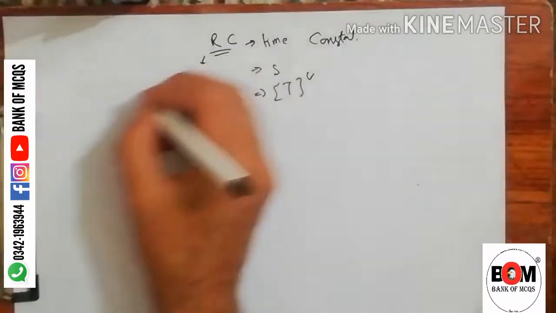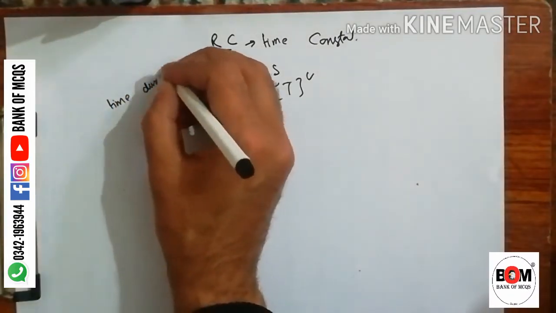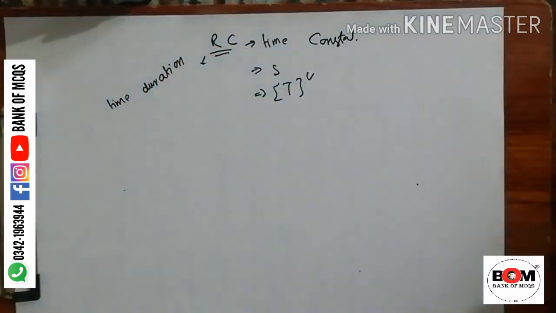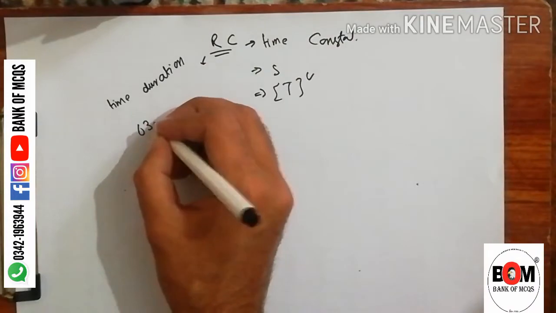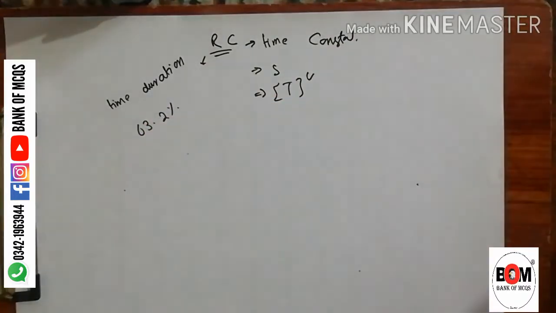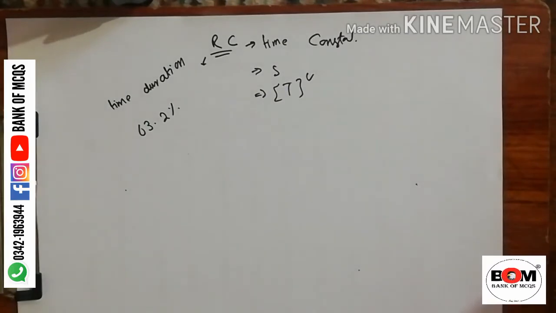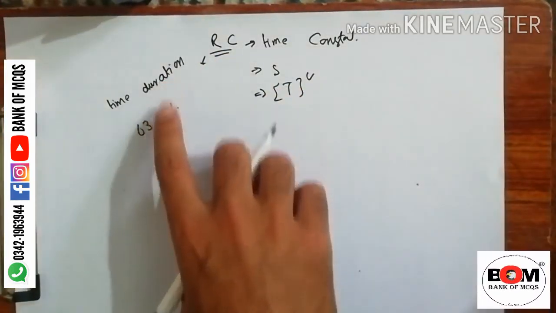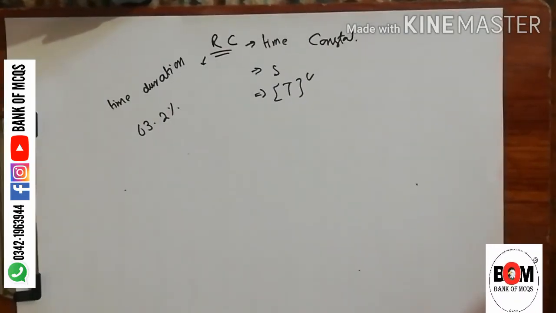It is the time duration for which a capacitor gets charged to 63.2% when it is charging. So that time is called the RC constant. RC is the time constant for which the capacitor charges to 63.2% of its maximum value.